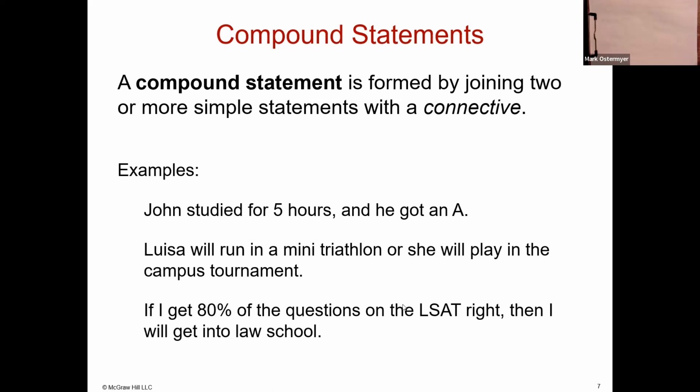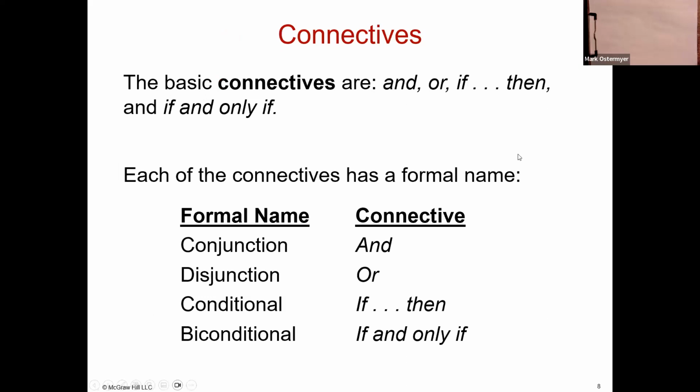Or sometimes we can have an if and only if statement, which is called a biconditional statement, okay? All right. Here are your connectives that we will see. The words and, or, if then, and if and only if. Right? And, ladies and gentlemen, is called a conjunction. Or is called a disjunction. If then statement is called a conditional statement. If and only if, you see if and only if in a statement, that's called a biconditional statement.